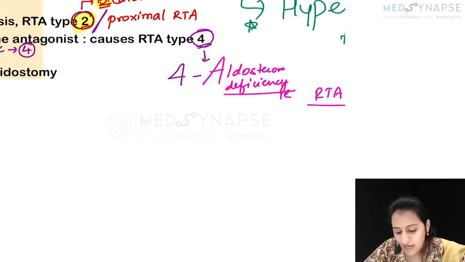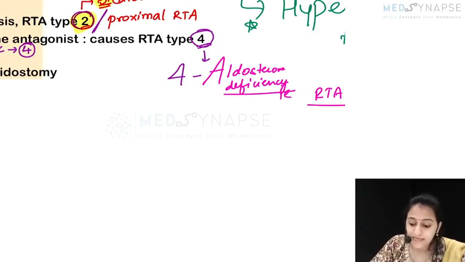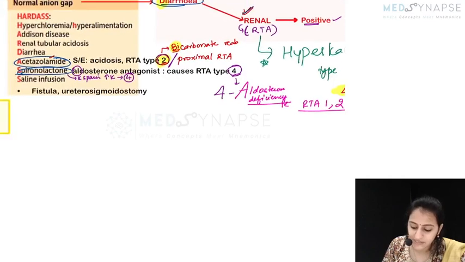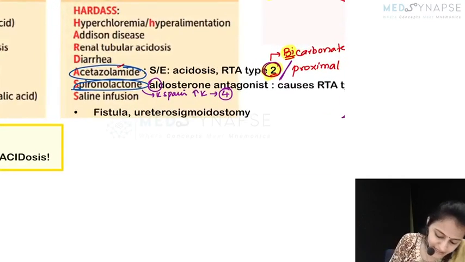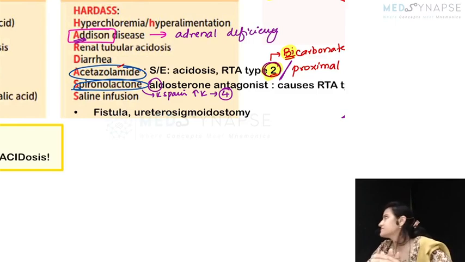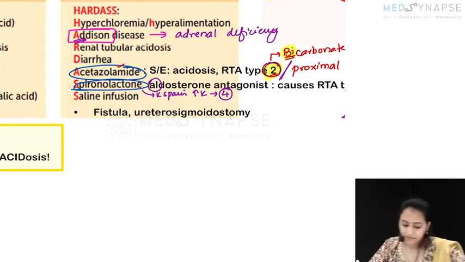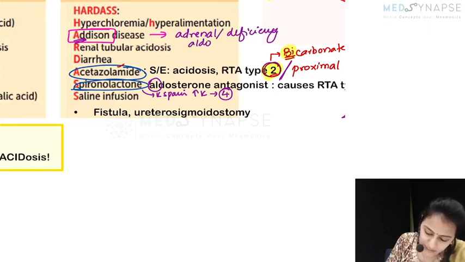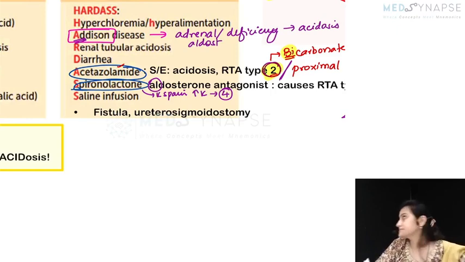So tell me that Conn's will cause acidosis or Addison's will cause acidosis? Addison's. Because what is aldosterone or adrenal deficiency disorder? Addison's disease. Remember, Addison, AD, is adrenal deficiency. Aldosterone deficiency, adrenal deficiency. Addison is aldosterone deficiency. That means it will cause acidosis.